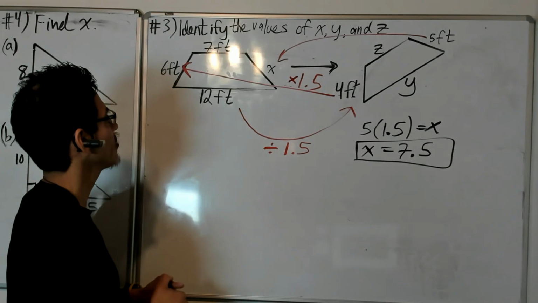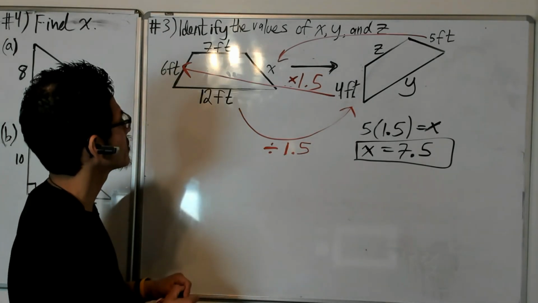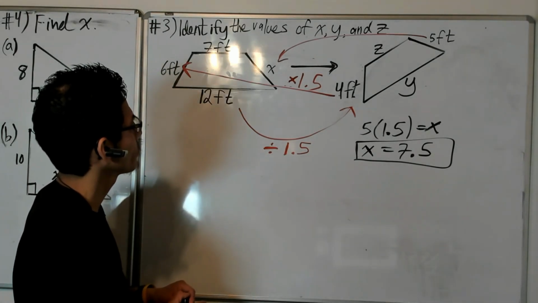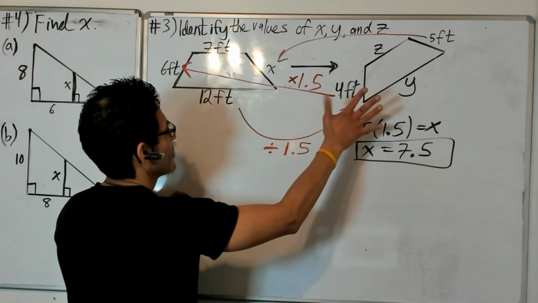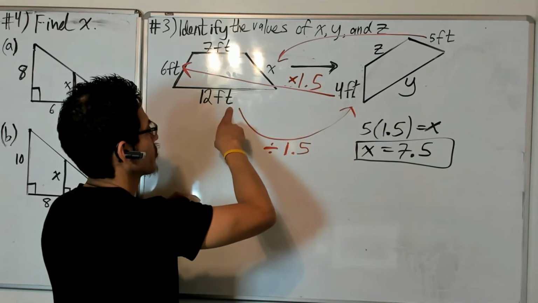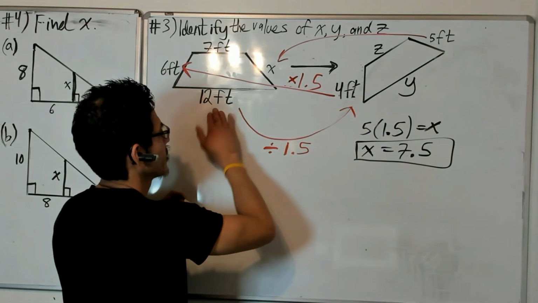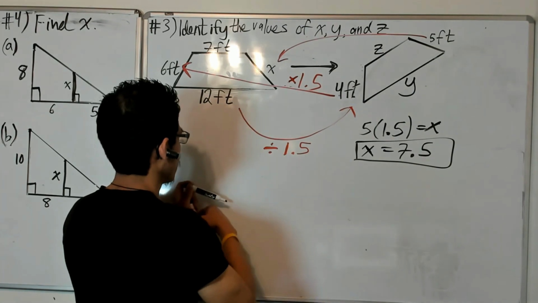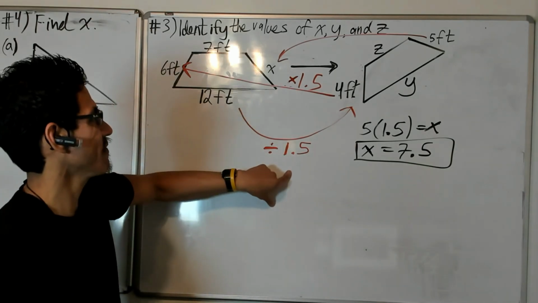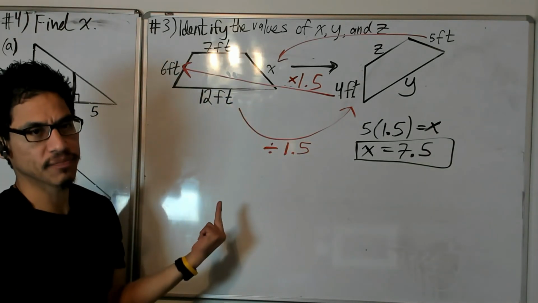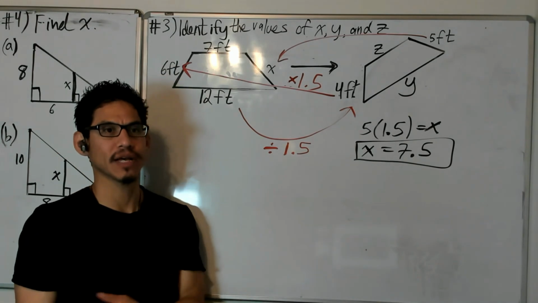All right, now let's do the same thing with the other ones, because it's better to divide, I guess, as they're going from here to y now. We divide 12 by 1.5, or think of it as multiplying by 2/3.